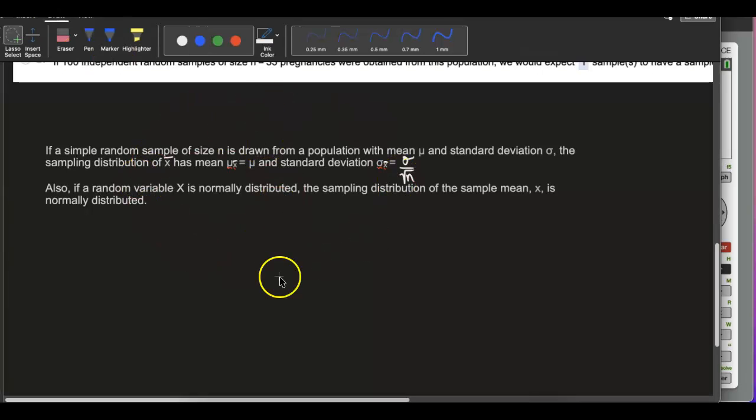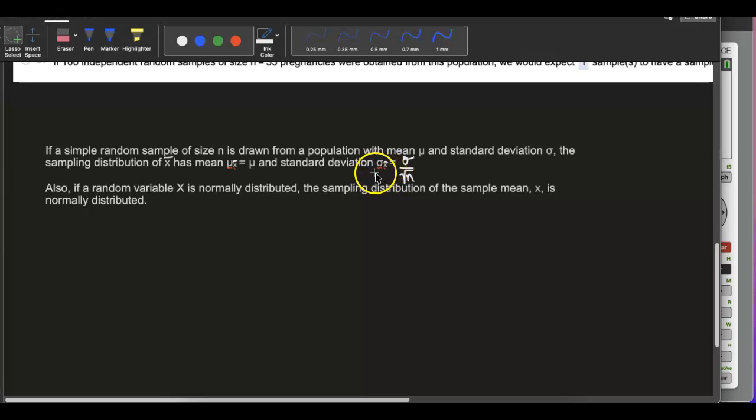So I grabbed this snippet from our text that if a simple random sample of size n is drawn from a population with mean, mu, standard deviation, sigma, the sampling distribution of the sample mean, x bar, has the same mean as the population mean. So those two things are equal. The standard deviation, however, is a little bit different.